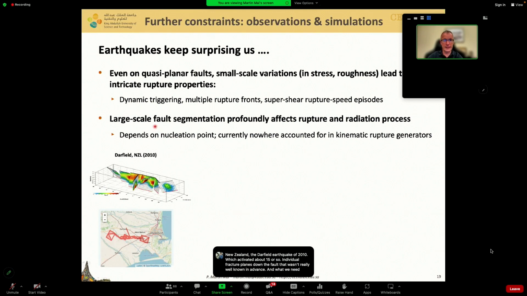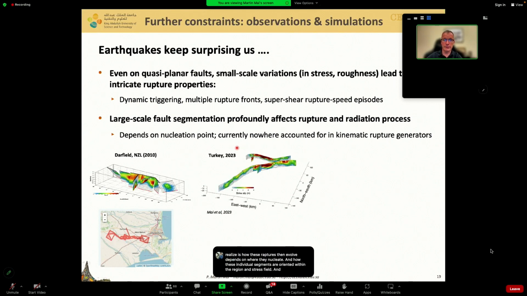And what we need to realize is how these ruptures then evolve depends on where they nucleate and how these individual segments are oriented within the regional stress field. And a really critical example to illustrate this again is the Turkey earthquake, or set of earthquakes, in 2023.